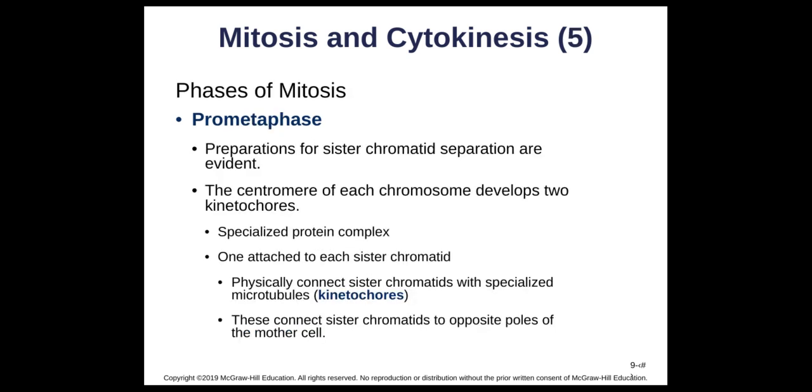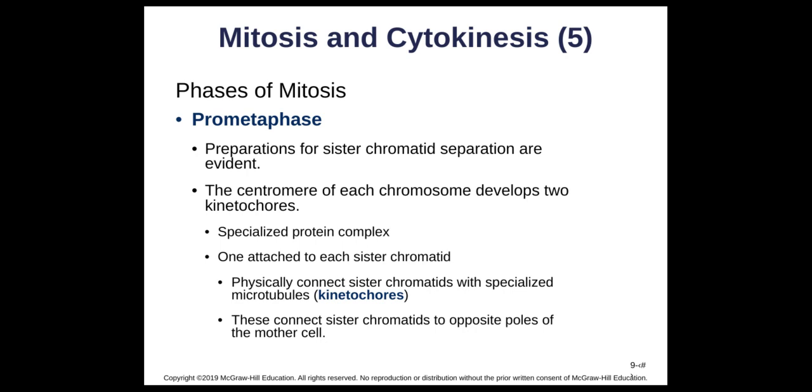Then we have this in-between phase called prometaphase. It's like a mix of prophase and metaphase. This is where we're really starting to organize those sister chromatids because they're going to be separated soon.